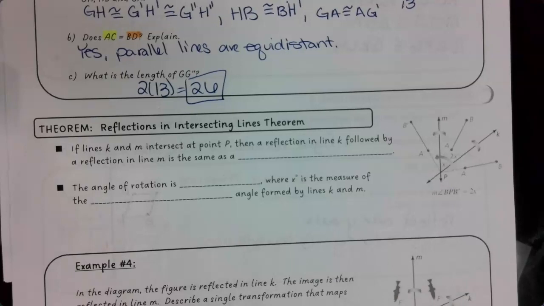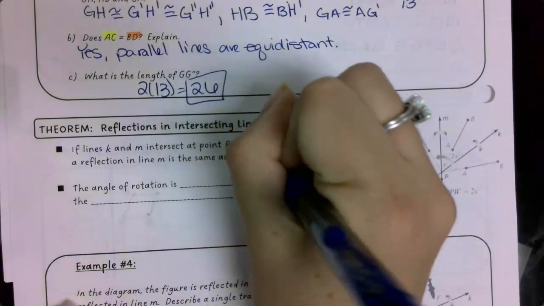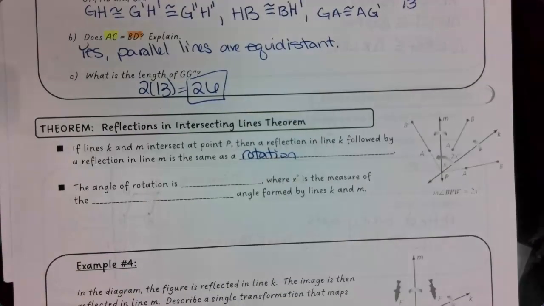So the next theorem is the reflections and intersecting lines theorem. If lines K and M intersect at a point P, then a reflection in line K followed by a reflection in line M is the same as a rotation. So when I have two lines that intersect, if I reflect and then I reflect again, it results in a rotation.